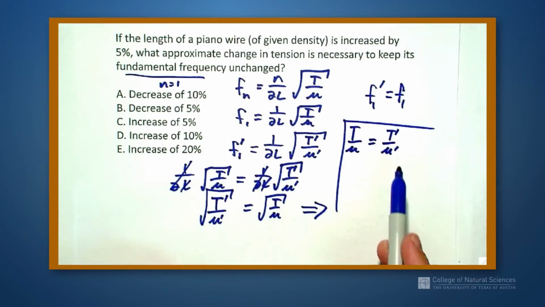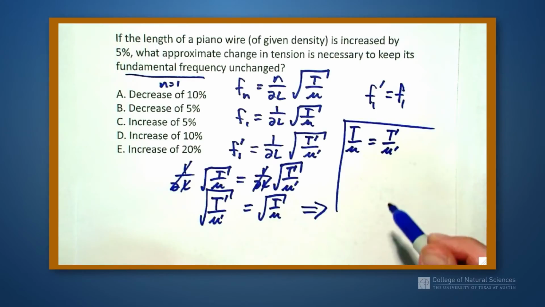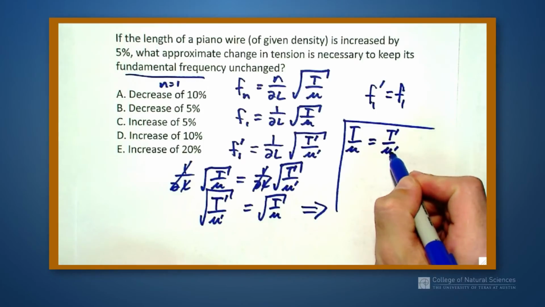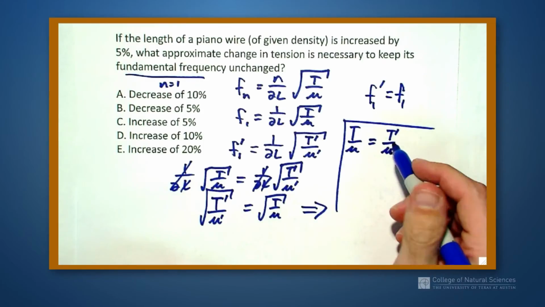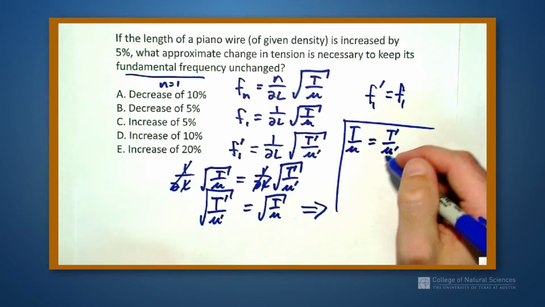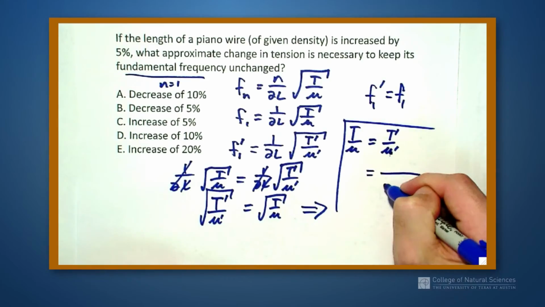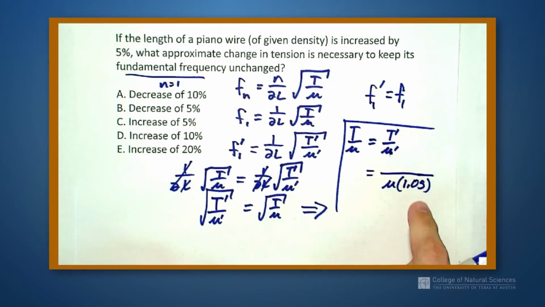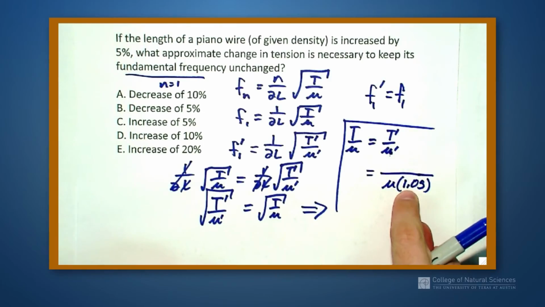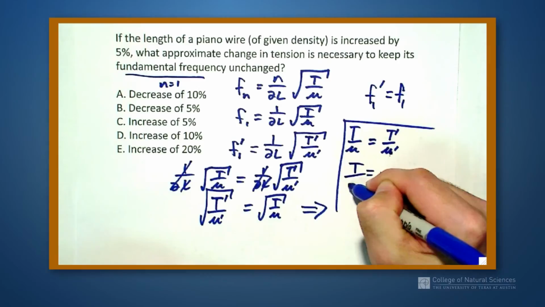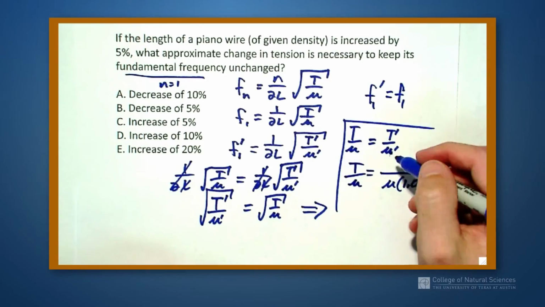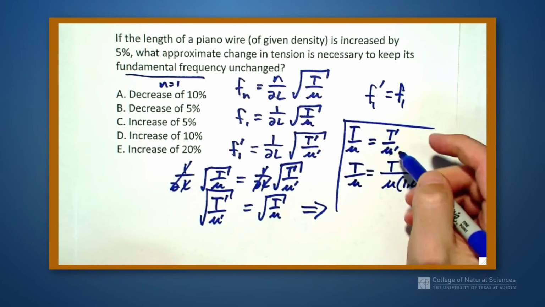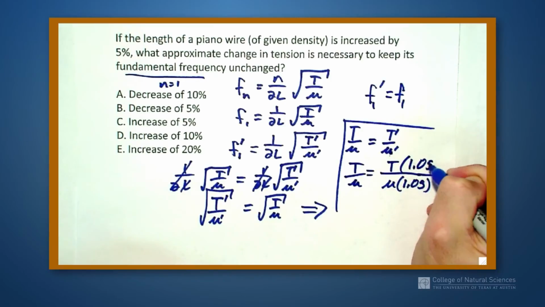So if I increase mu by 5%, which is the same as saying original mu times 1.05, to keep T over mu the same, I need to have T increased by the same 1.05.